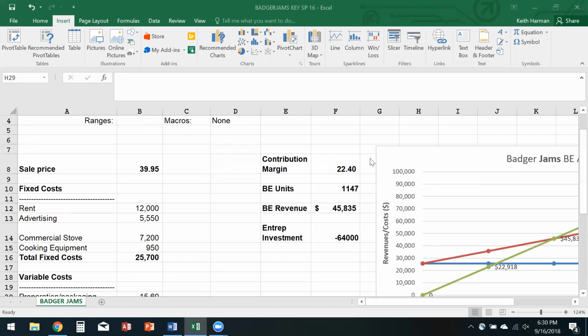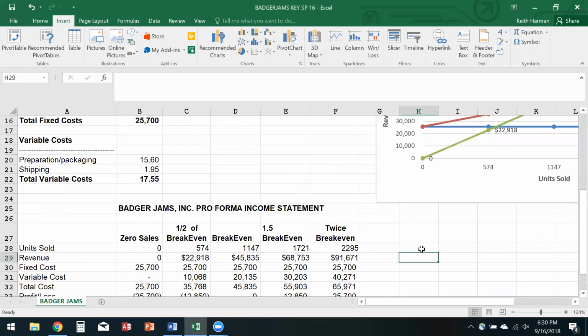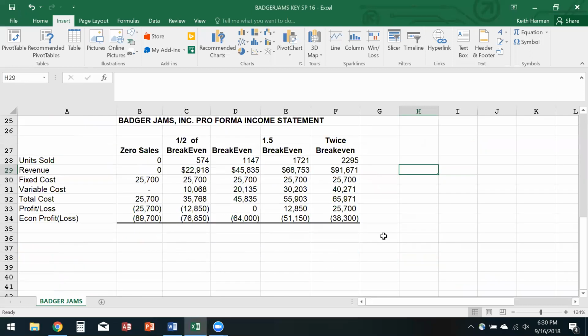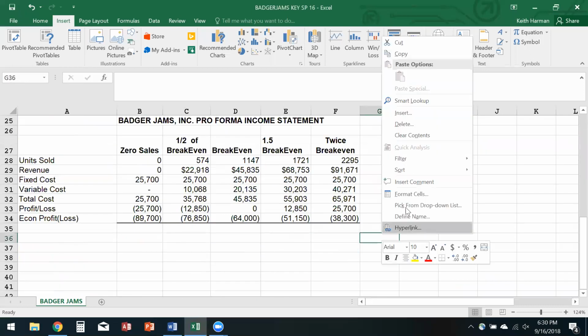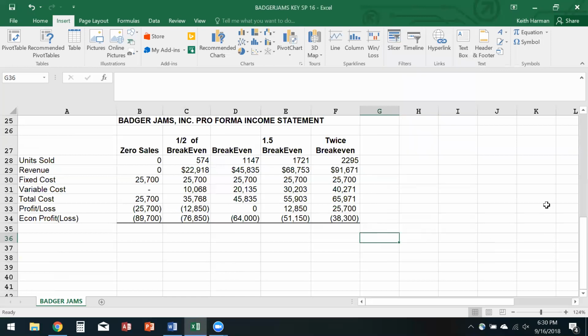But I can come down here, and I'll do this for a moment. And I'm going to come over here, and I would click insert chart. Okay, and I'm going to get my recommended data, and I want to select those data.